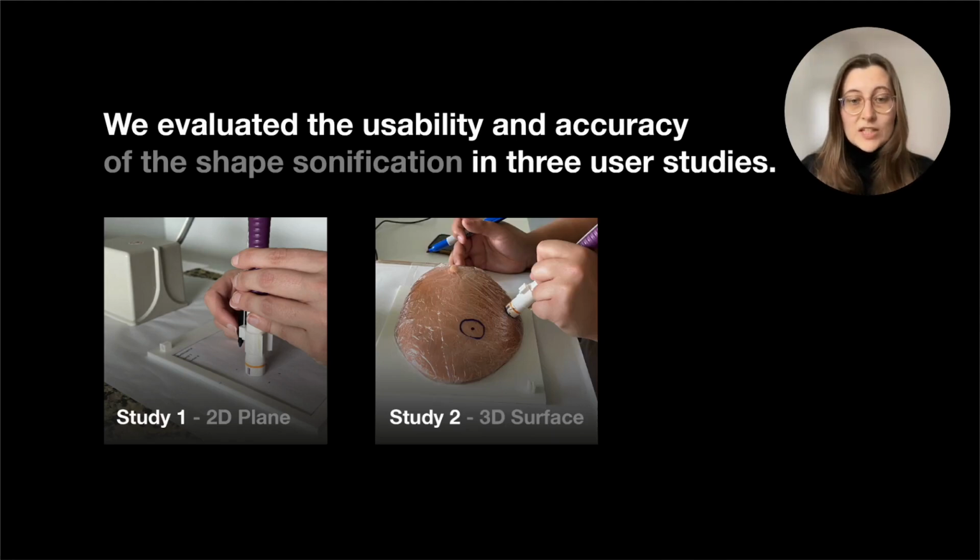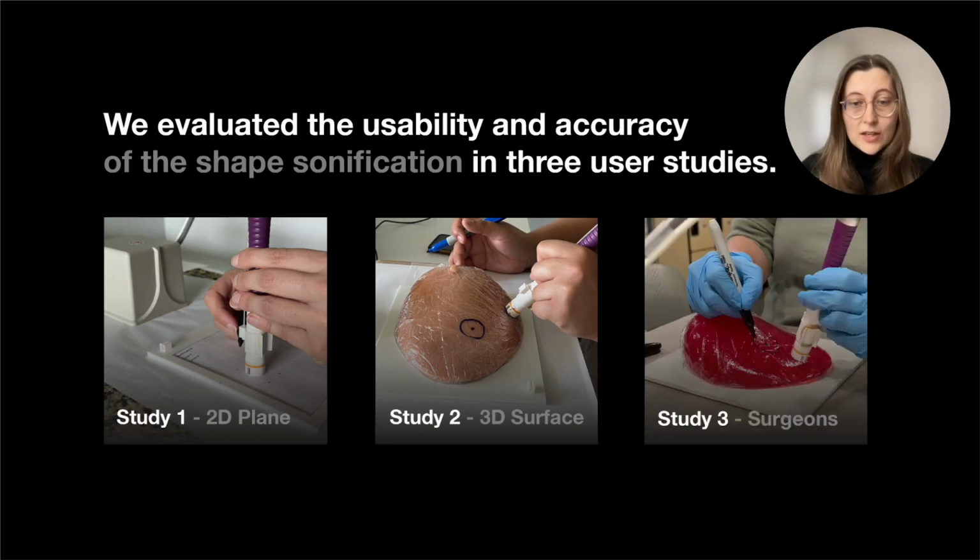In study 2, we tested a refined shape sonification on a silicone breast model with 21 participants. Again, they were tasked to locate and mark the tumor margin and seed location. And lastly, in study 3, 4 breast surgeons used shape sonification to locate, mark, and remove the tumor volume from agar breast models.